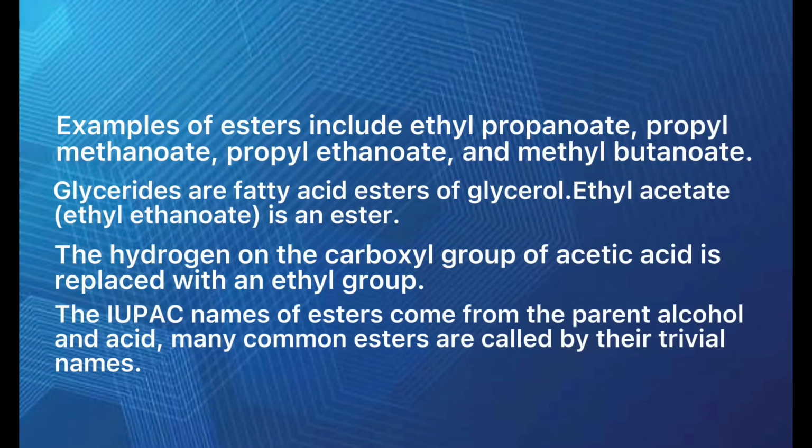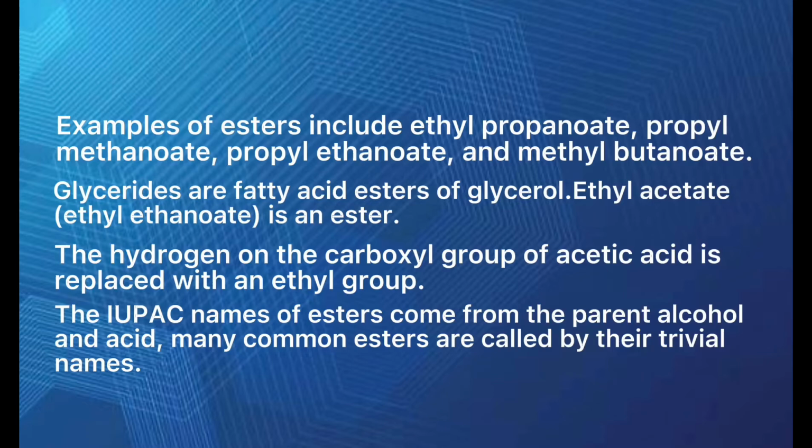Examples of esters include ethyl propanoate, propyl methanoate, propyl ethanoate, and methyl butanoate. Glycerides are fatty acid esters of glycerol. Ethyl acetate or ethyl ethanoate is an ester. The hydrogen on the carboxyl group of acetic acid is replaced with an ethyl group.